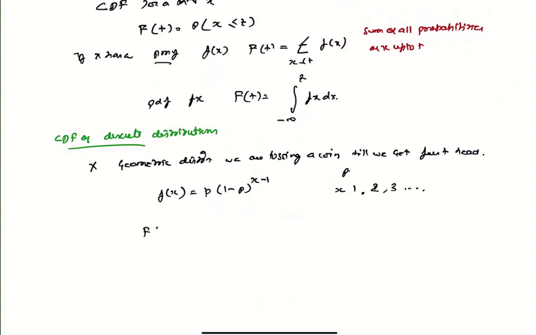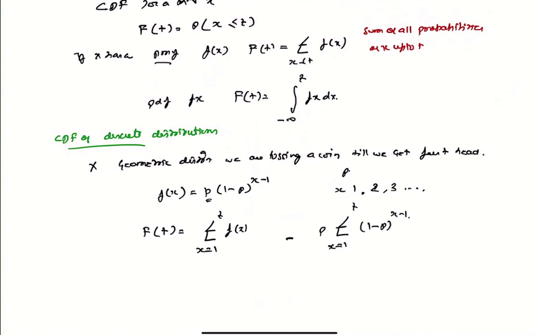So F(t) is going to be the sum of all probabilities, x equal to 1 to t of f(x). Since p is a constant here, p is going to come out of it, and it's going to be the sum for x equal to 1 to t of (1 - p)^(x-1).